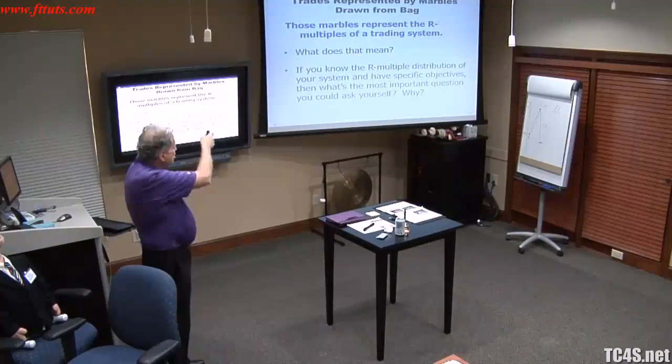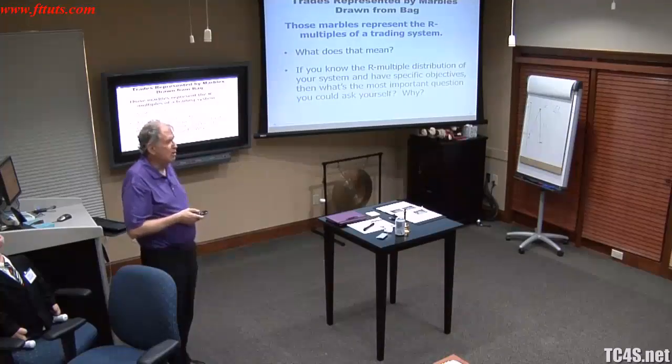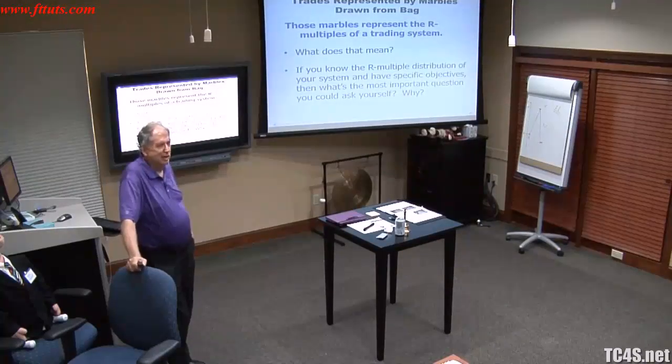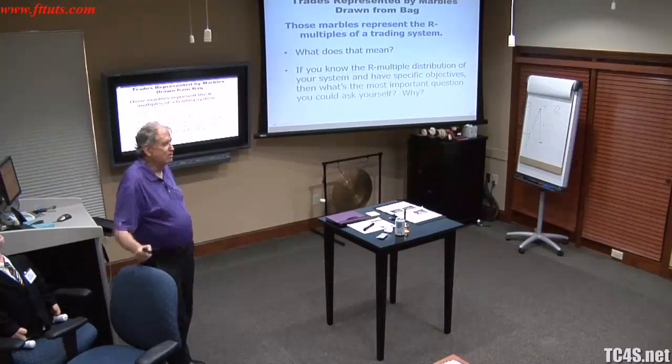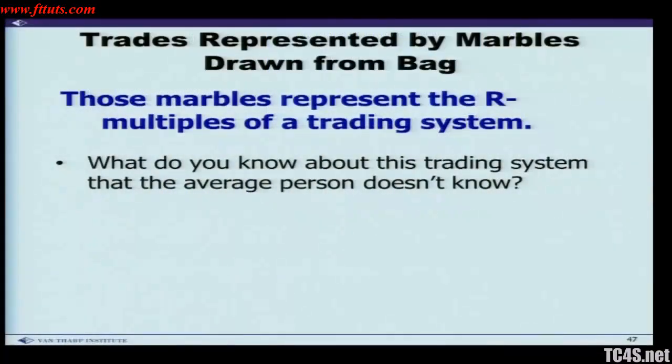And so if you know the entire R multiple distribution of your system and you have specific objectives, what's the most important question you can ask yourself? Yeah, how much? Your position sizing. So what do you know about this trading system that the average person doesn't know?